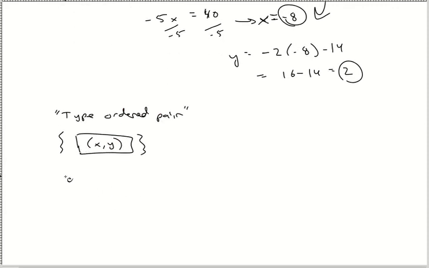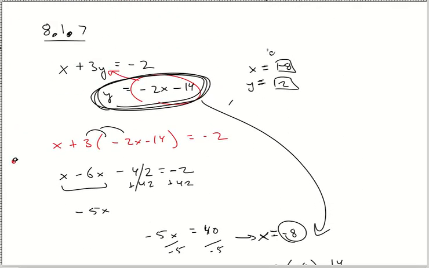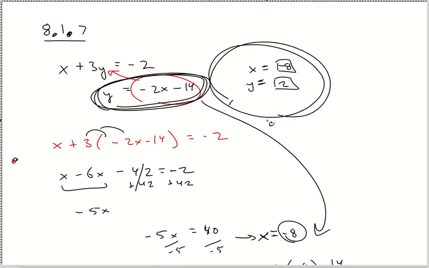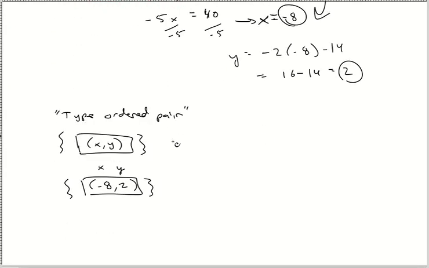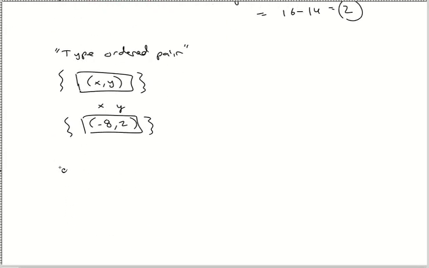It's like a point. And so our particular answer in this case would be negative 8 comma 2. Notice again I got my x and my y values just like that. For all of Chapter 8, when we're doing these systems of equations, you're going to need to put it in this format. When we get to Chapter 9, it'll be more like this style, or something similar at least. But right now, you need to put it in point form.